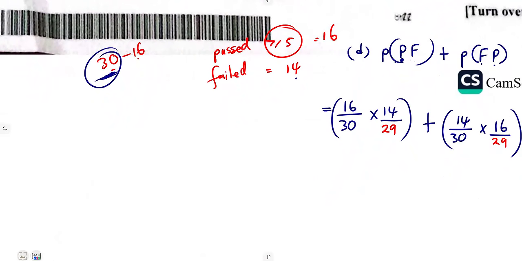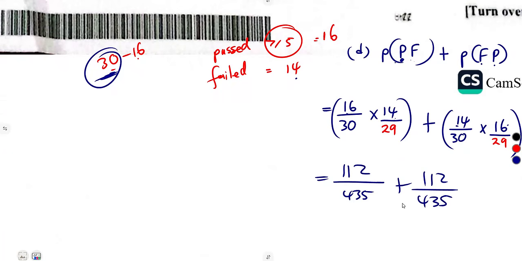So with this, we can evaluate. Since we have got the same denominators, simply multiply the numerators together so that you can simply add. Or you can just do whatever you understand, guys. This is paper 2, so you can just multiply this one to this one: 112 over 435, plus you multiply this one to this one: 112 over 435, so that you can simply add the numerators.